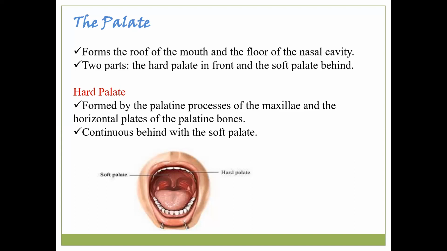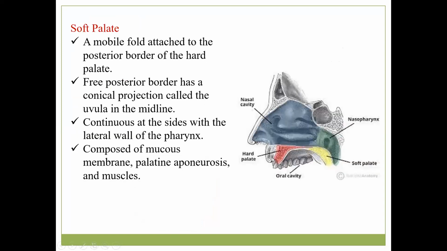The hard palate is formed by the palatine processes of the maxillae and the horizontal plates of the palatine bones. And it's continuous behind with the soft palate. The soft palate is a mobile fold attached to the posterior border of the hard palate.